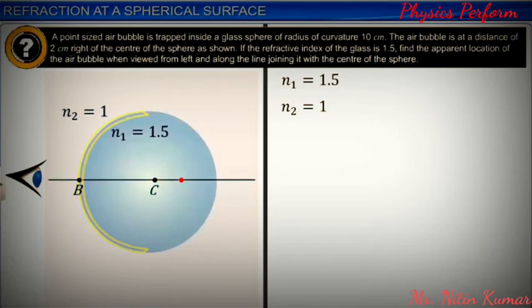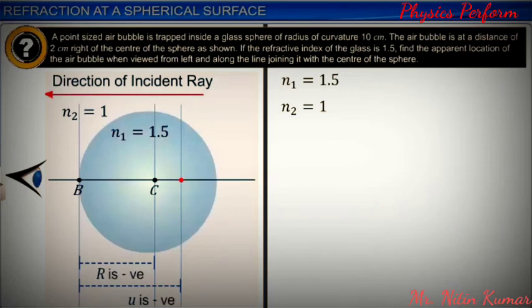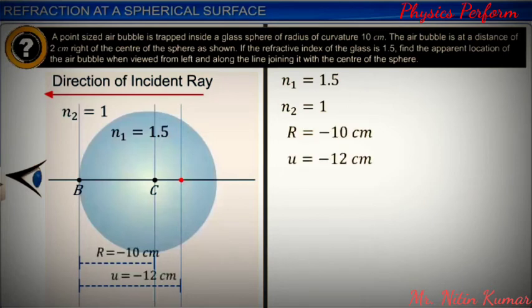All the measurements are to be made from B. Since R and U are measured in a direction opposite to the direction of the incident light, they are negative. Therefore, R is equal to -10 and U is equal to -12. Substituting these values in equation 4 and on further simplification, we get V is equal to -13.33 cm.